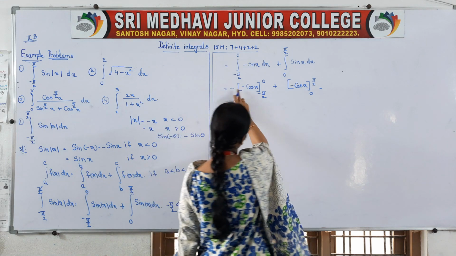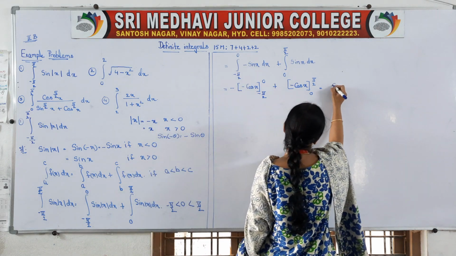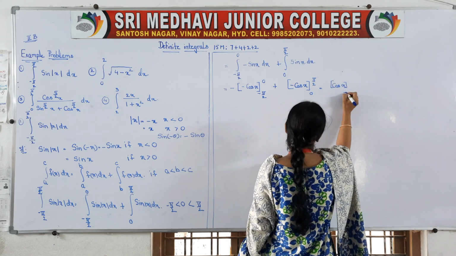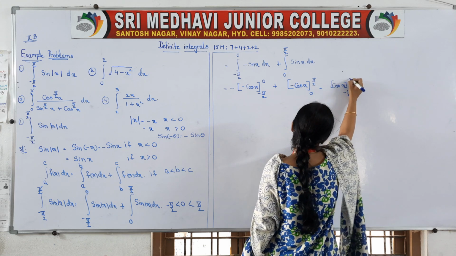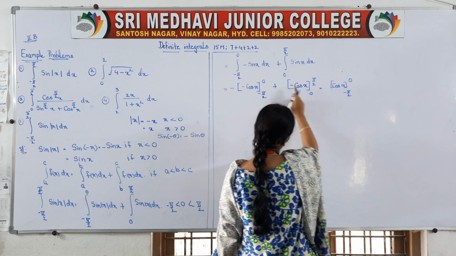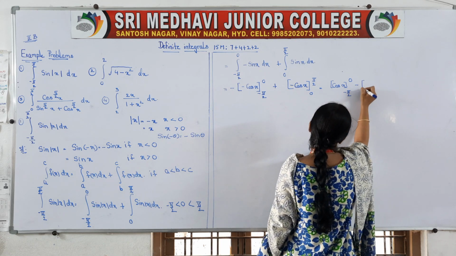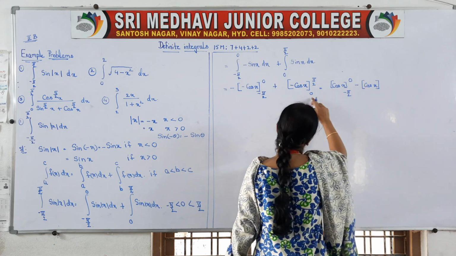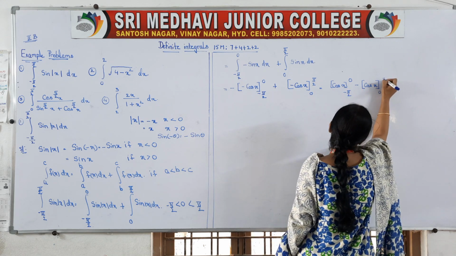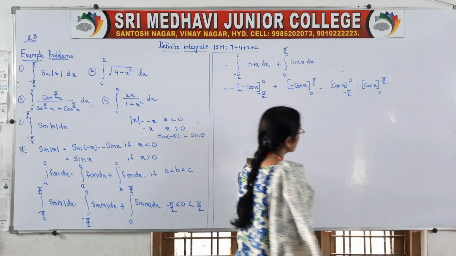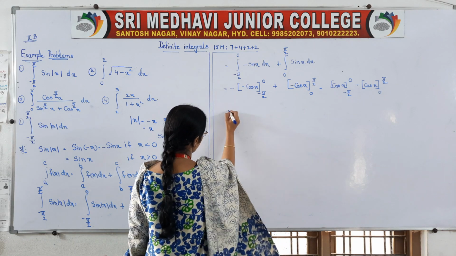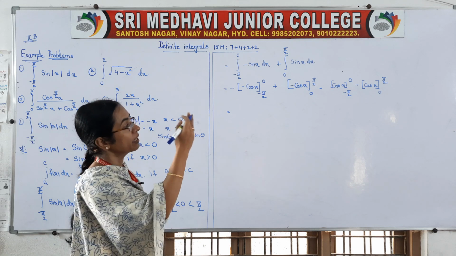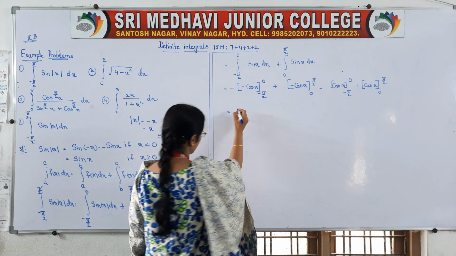So now here, minus of minus is plus, so it is cos x from minus pi by 2 to 0. Here plus of minus is minus, and here cos x with limits 0 to pi by 2. In the derived function, wherever x is there, first we substitute the upper limit, then the lower limit.